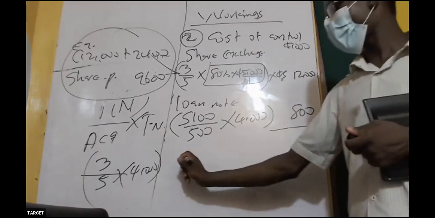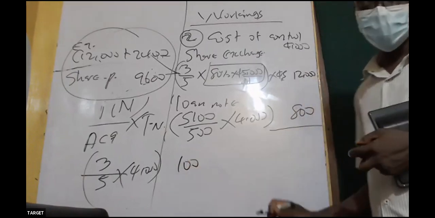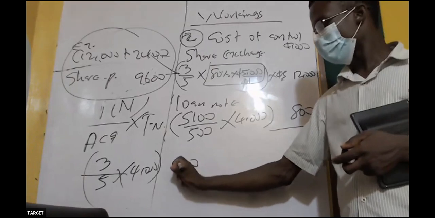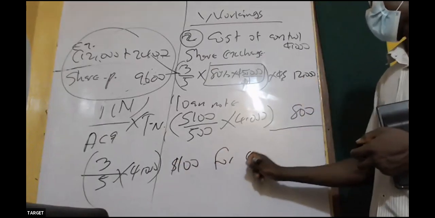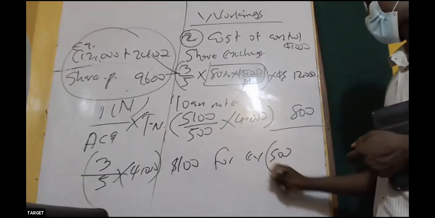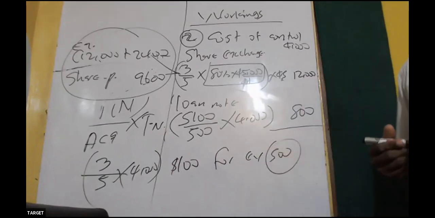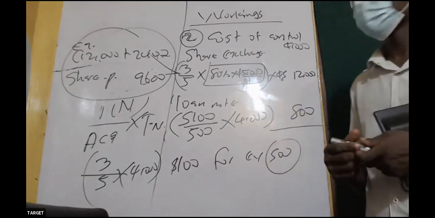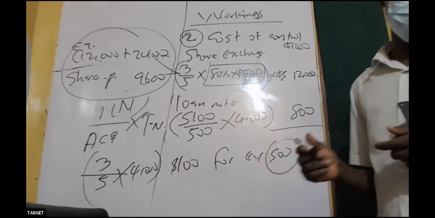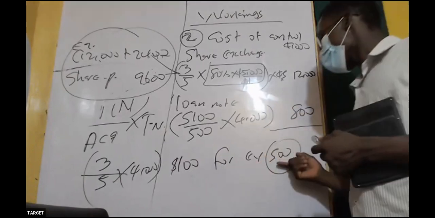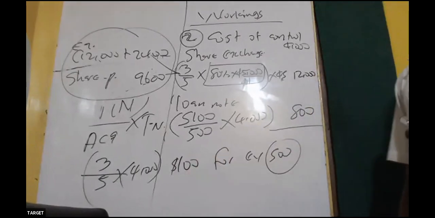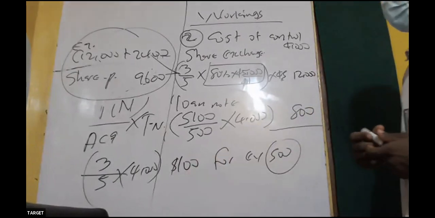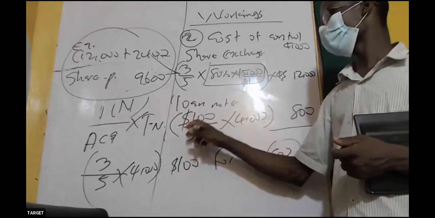They say for every $100 for every 500 shares acquired. So therefore, how many total shares acquired? We've acquired 4,000 shares, and for every 500, we are giving out a debt of what? $100.